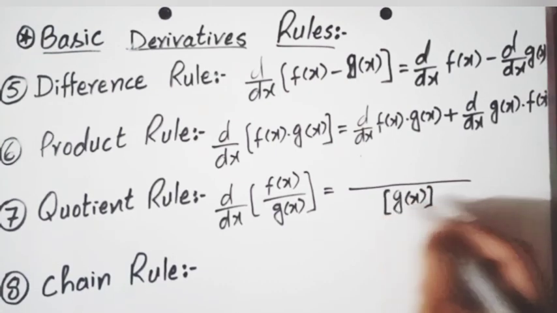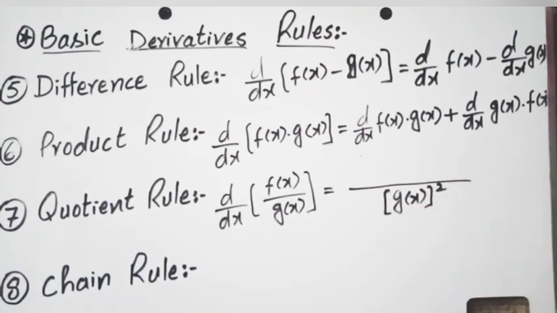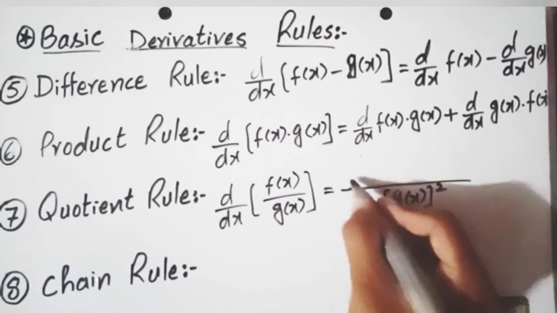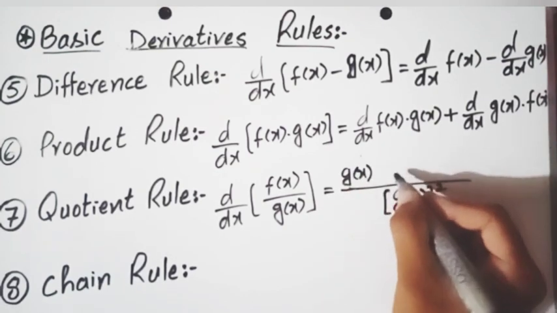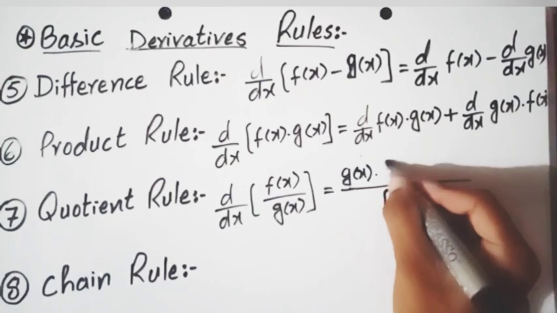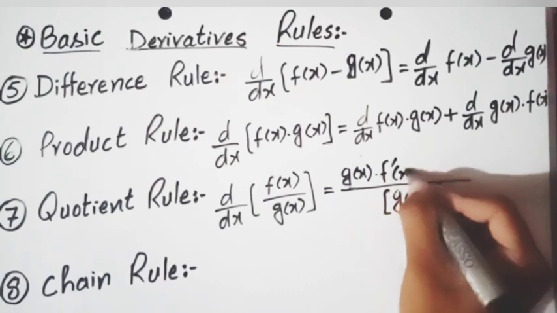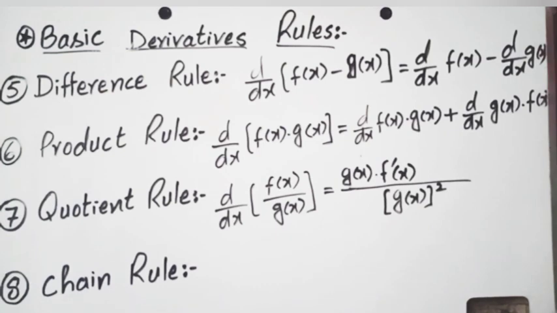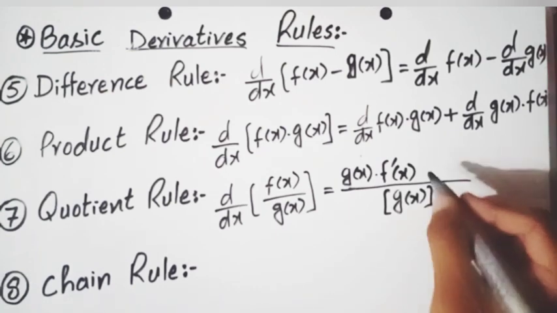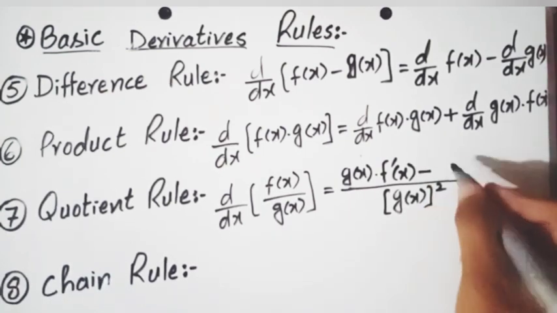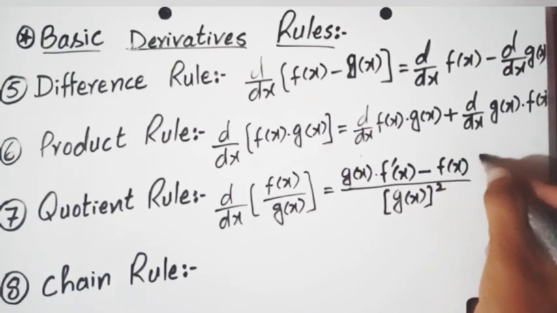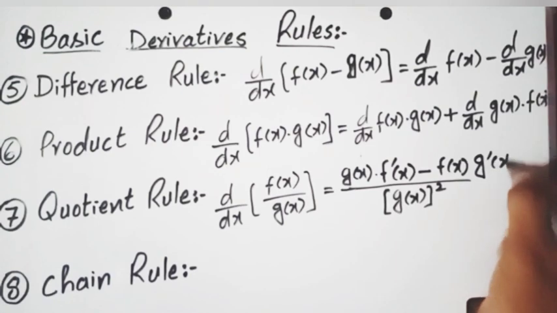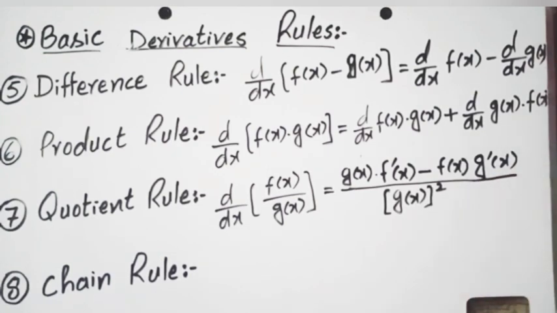In the numerator we write the denominator function as it is times the derivative of the numerator. I'm using prime notation here due to space: f prime of x means the derivative of f. Then a minus sign, then we write f of x as it is times the derivative of the denominator, g prime of x. This is called the quotient rule.